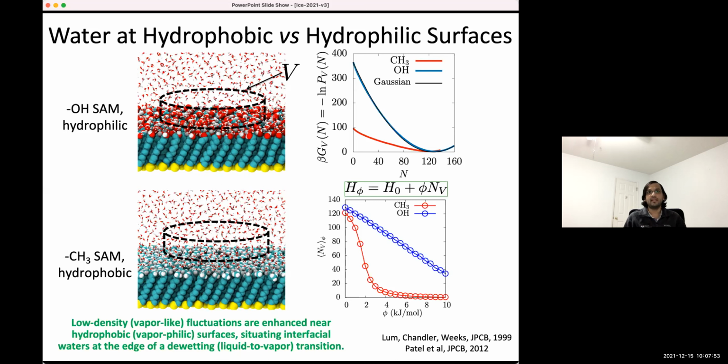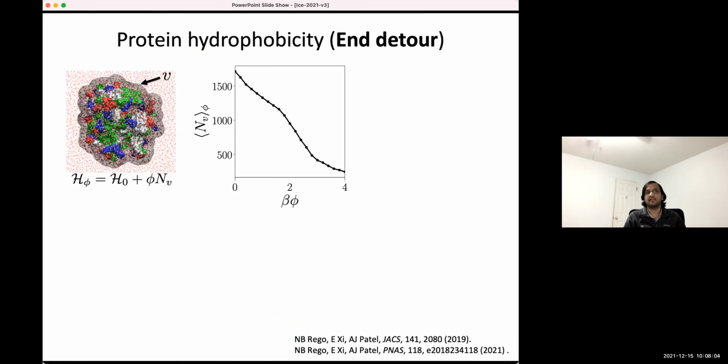Right? And in fact, these ideas that I've described to you using these very simple surfaces, it turns out they apply equally well to incredibly complicated systems, things like proteins and the entire hydration shells of proteins. If I play the same game that I did in the previous slide for the self-assembled monolayer surfaces, if I apply an unfavorable potential to water molecules in the first hydration shell of this protein, we see that the response is very much like that of a CH3 SAM, right?